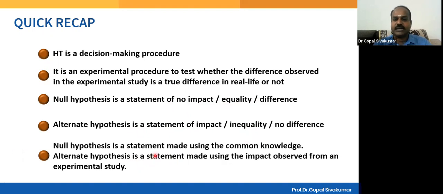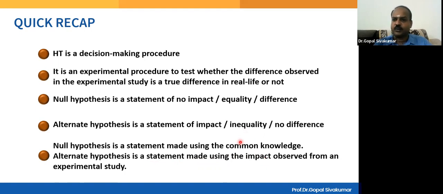Null hypothesis is a statement made using the common knowledge. Alternate hypothesis is a statement made using the impact observed from an experimental study. Whatever we observed in the experimental study, and then we believe in it, and make a statement that supports the difference you observed, that is actually alternate hypothesis.